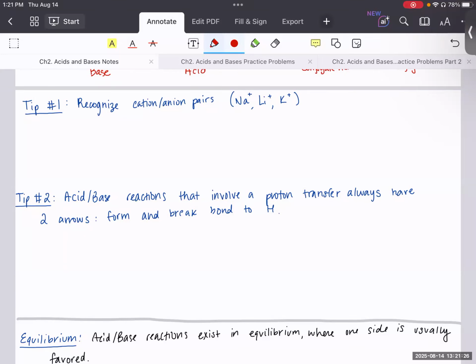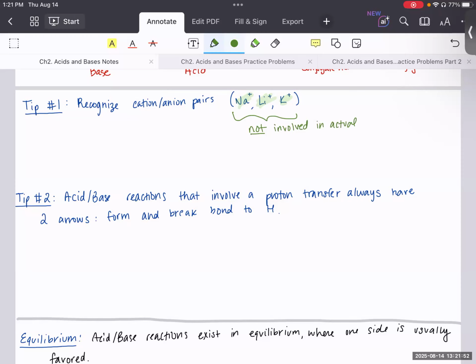A lot of acid-base chemistry in organic chemistry involves something like a sodium or a lithium or a potassium that serves as a counterion. So these are not involved in the actual reaction. You should never draw arrows for any of these.